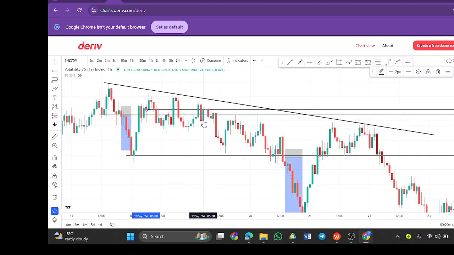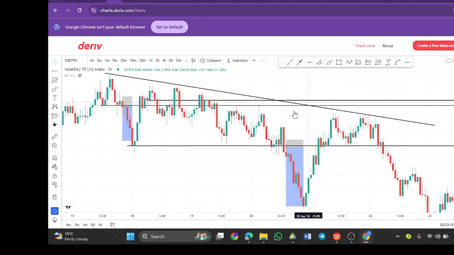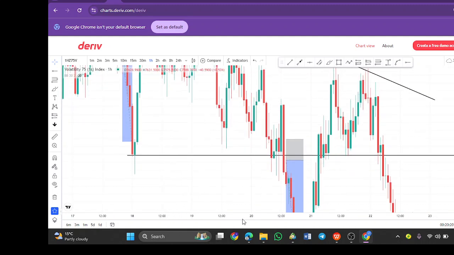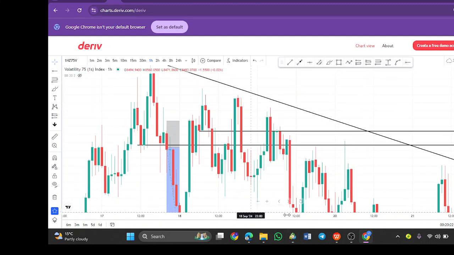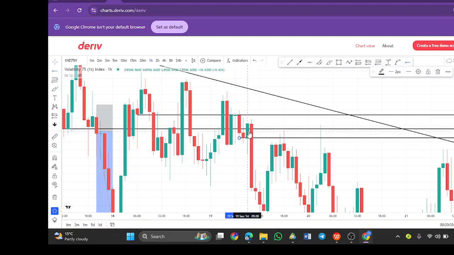So there are other factors we have to put into consideration. We don't just depend on the sell zone. When you take a good look at this zone, this was a sell zone, a red followed by a green candle. This was also a sell zone, a red followed by a green candle.